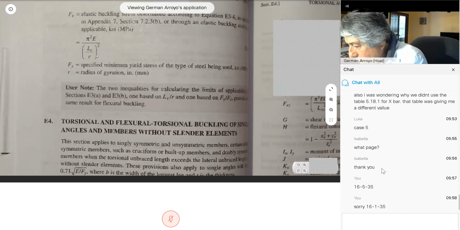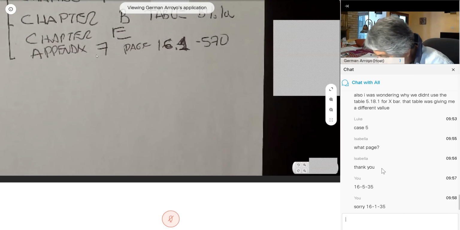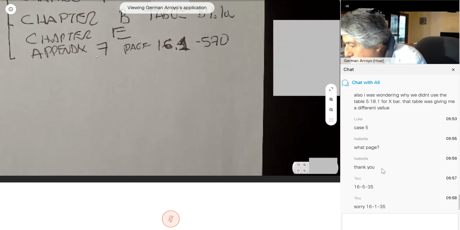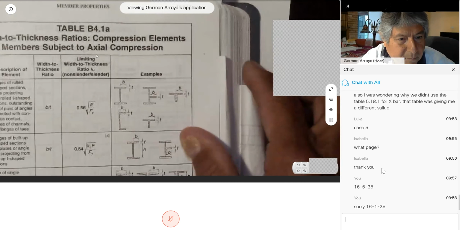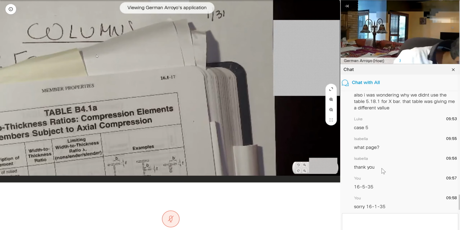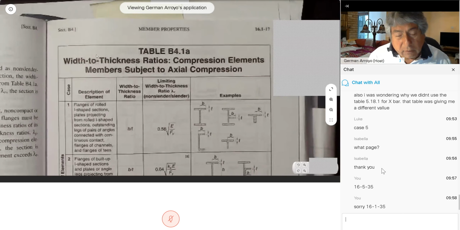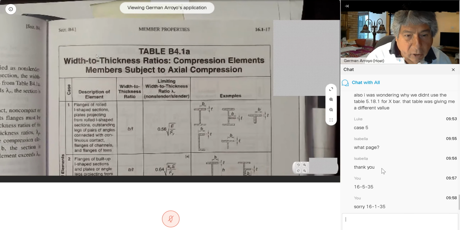In addition, in chapter B, on page 16.117, we're going to use this table to check what is called local buckling. Because for the columns, we're going to be checking lateral buckling and local buckling.